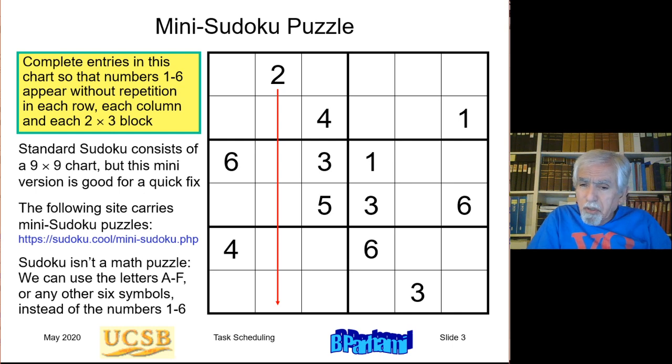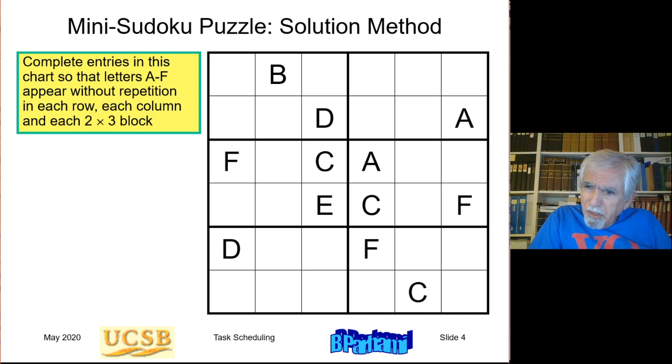Okay, so Sudoku is sometimes characterized as a mathematical puzzle. It's really not a mathematical puzzle, but a logical puzzle. Even though superficially it looks like you're doing math because there are numbers involved, you can actually do Sudoku with letters, so that no numbers are involved at all.